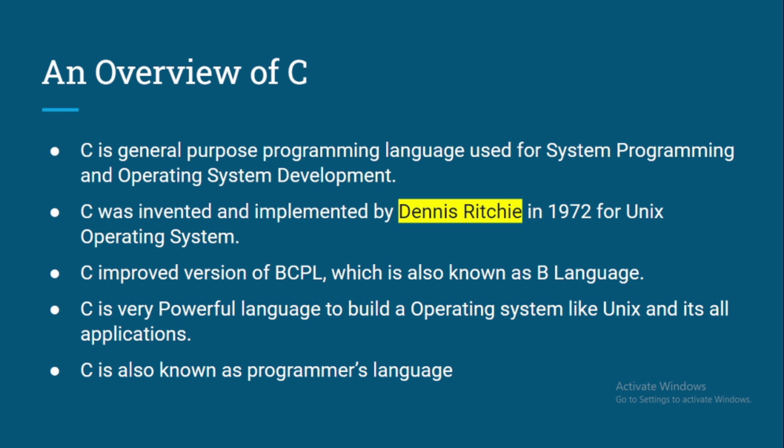And the next point is that C was invented and implemented by Dennis Ritchie in 1972 for the development of the Unix operating system, right?